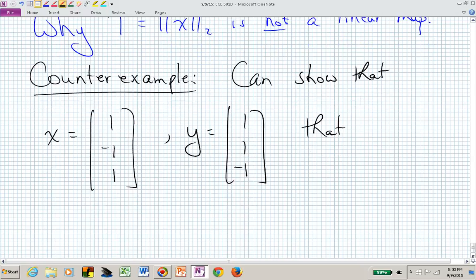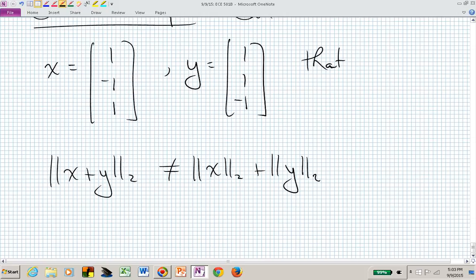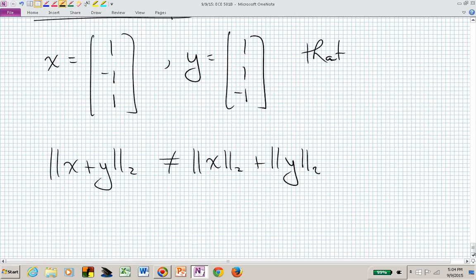With that choice of two specific vectors in R3, that's all we need for a counterexample. I hope it's clear that the 2 norm of x and y added together is not the same as the 2 norm of x plus the 2 norm of y. We would need equality in that expression in order for this map of the 2 norm to be linear.